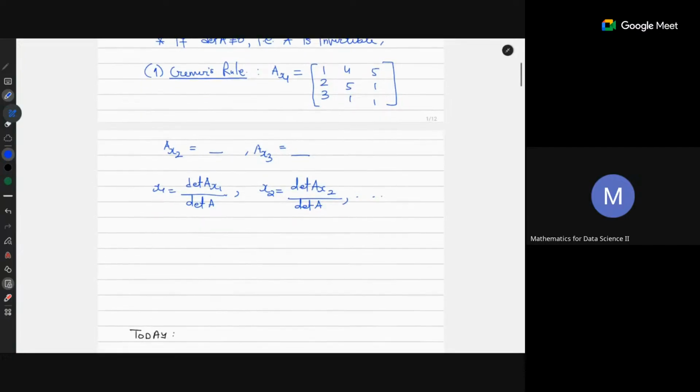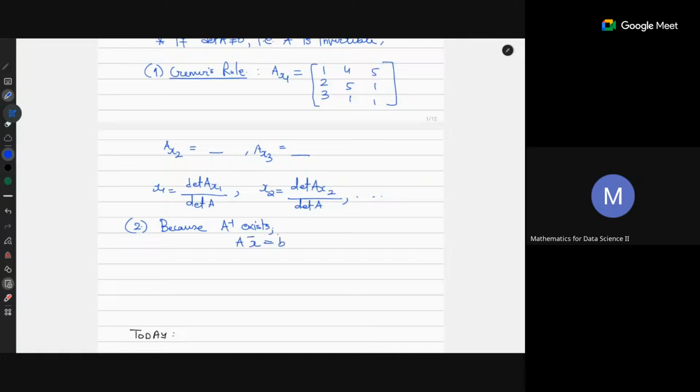Now, the second method that we discussed was using the inverse of the matrix. Because A is invertible, because A inverse exists, I can use A inverse to find x. So what was the matrix representation?